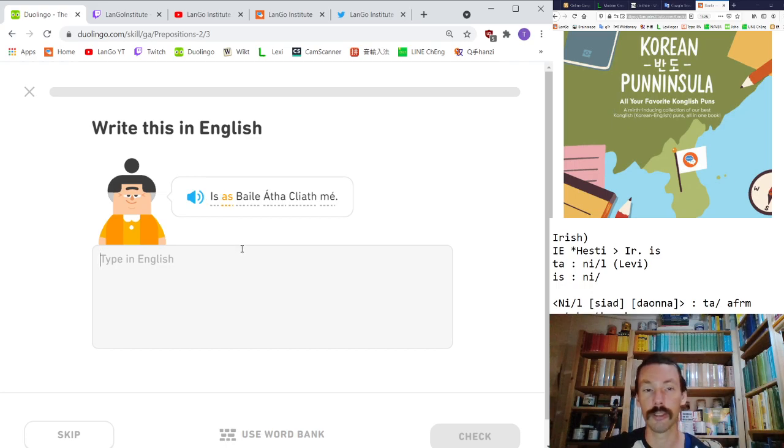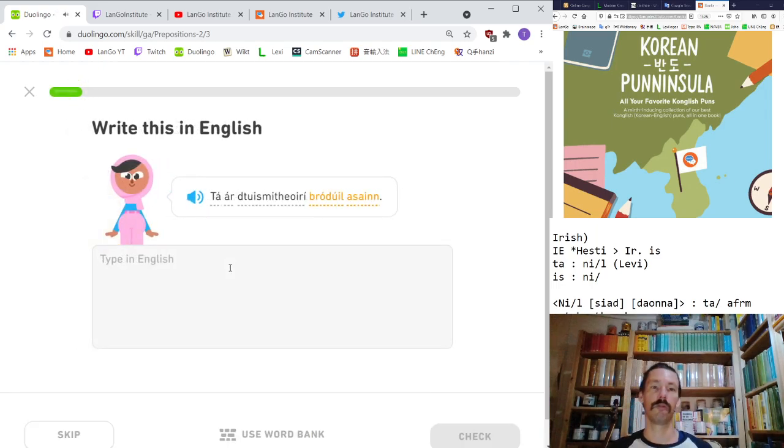And as is a preposition for from. And I think, Levi, do you know, is this as a fusion of preposition with definite article? Me at the end is the subject, I. And from Dublin. Tá ár dtuismitheoirí bródúil asainn.